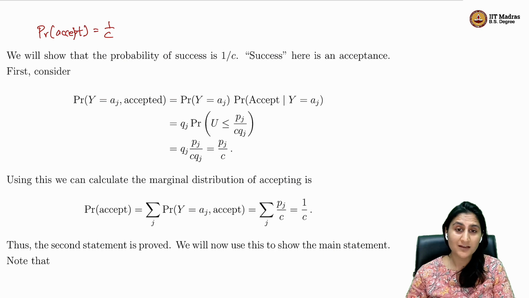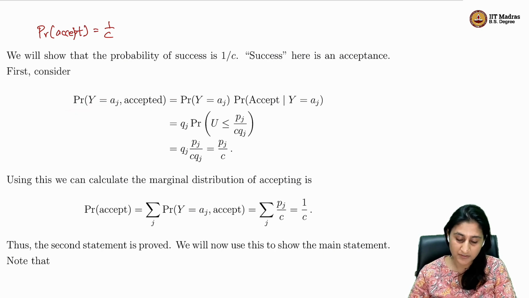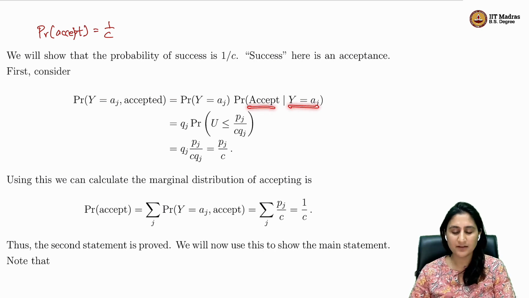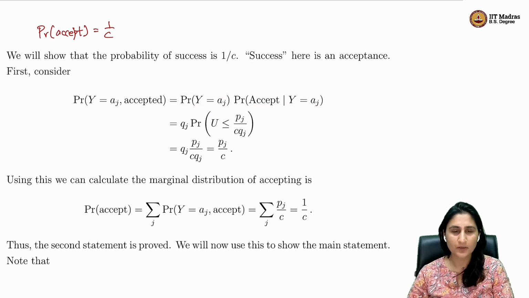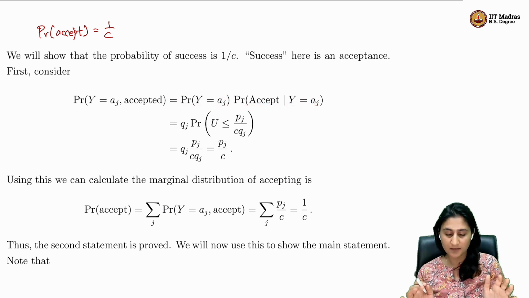But I can write any joint probability as the product of the conditional probability of the first event given the second event, times the marginal of the second event. Okay, that's fine.